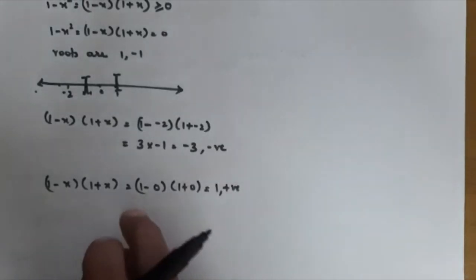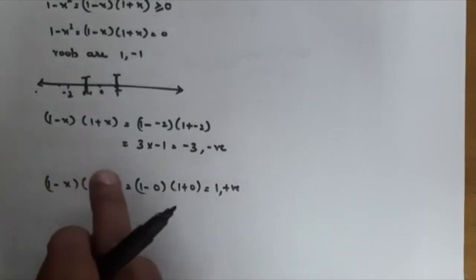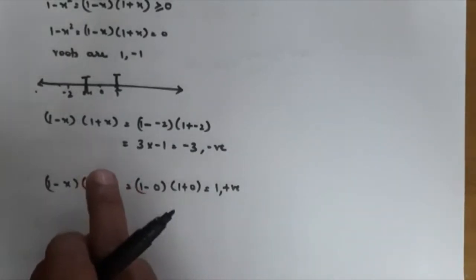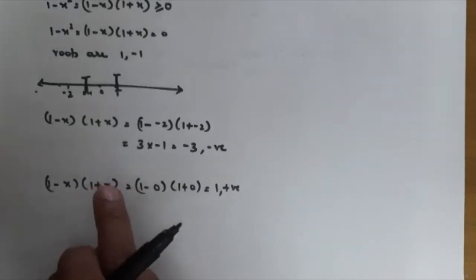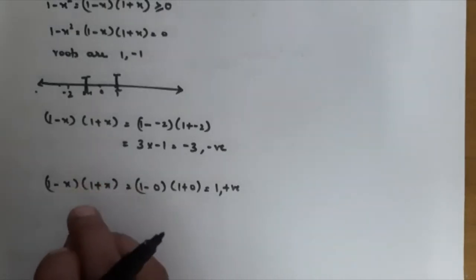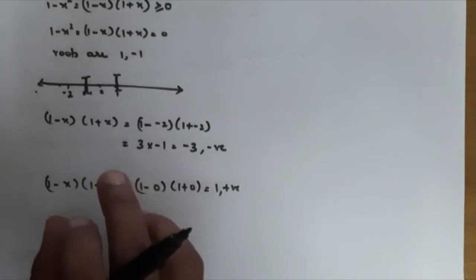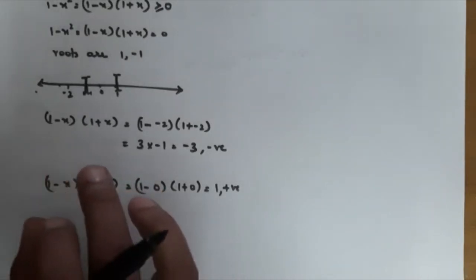Which means definitely a value from the second part satisfies this inequality 1 minus x into 1 plus x greater than or equal to 0. Yes, this part satisfies this inequality, and so this will be a part of the domain.